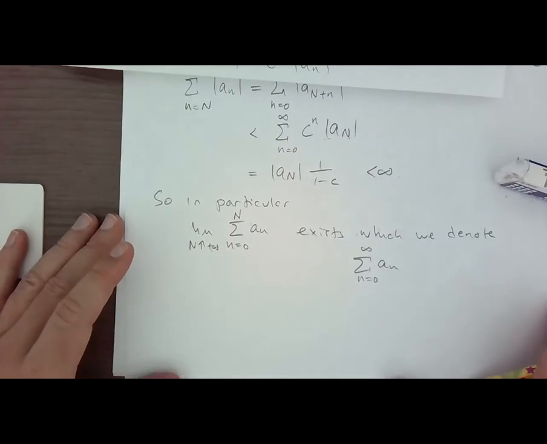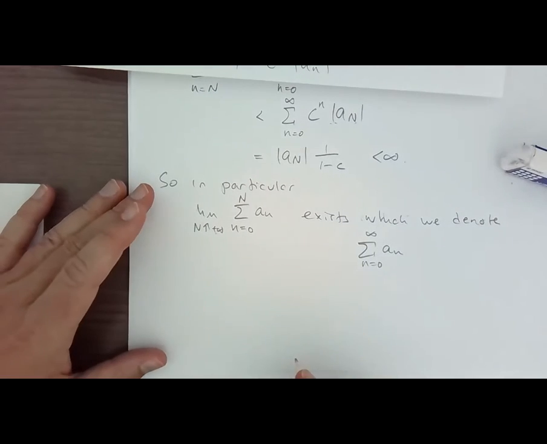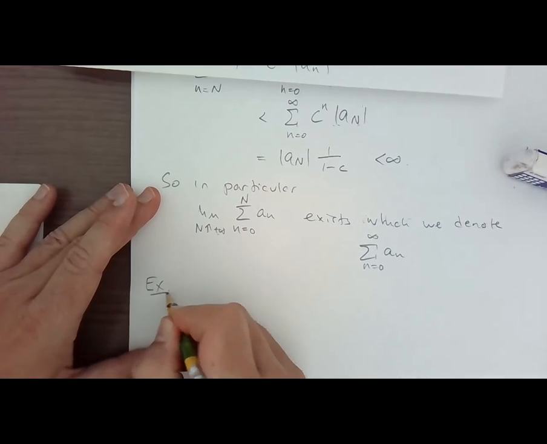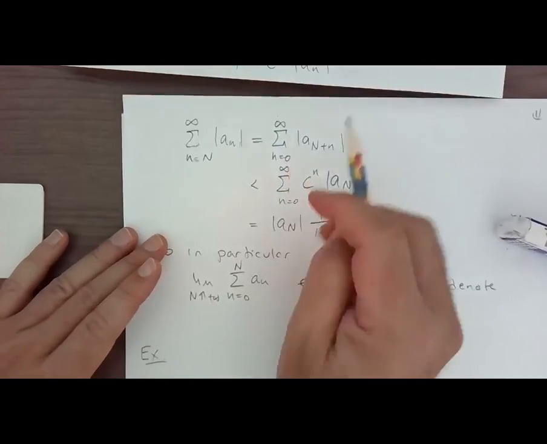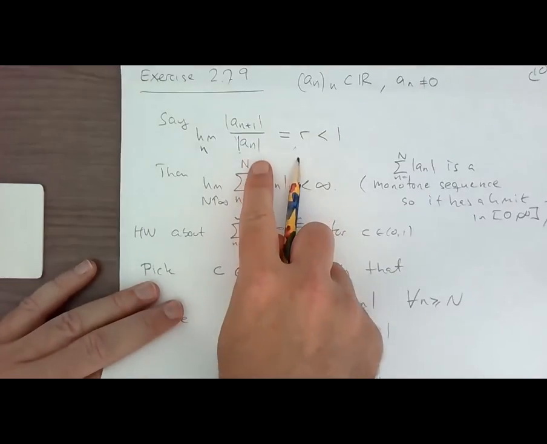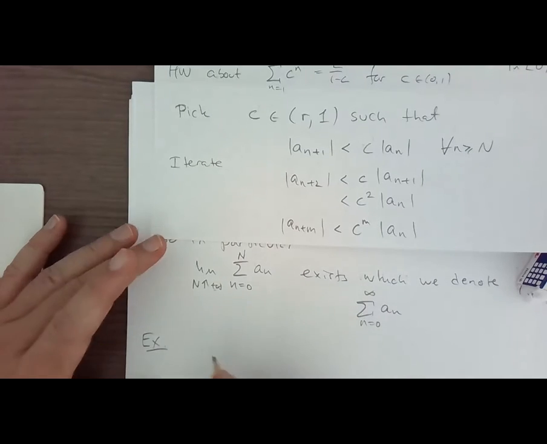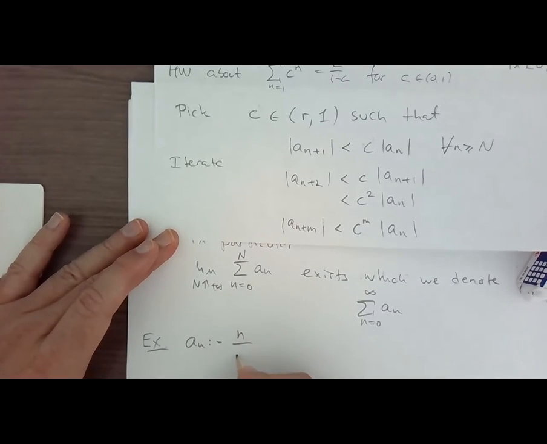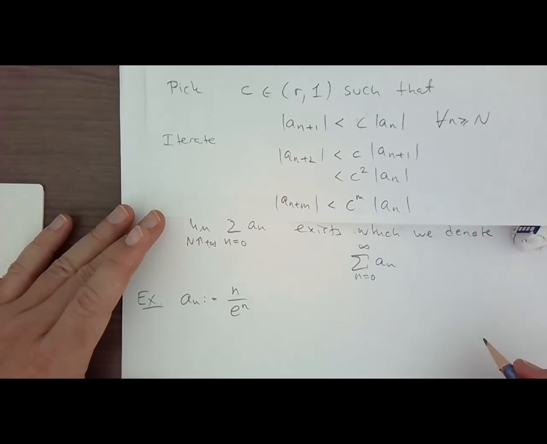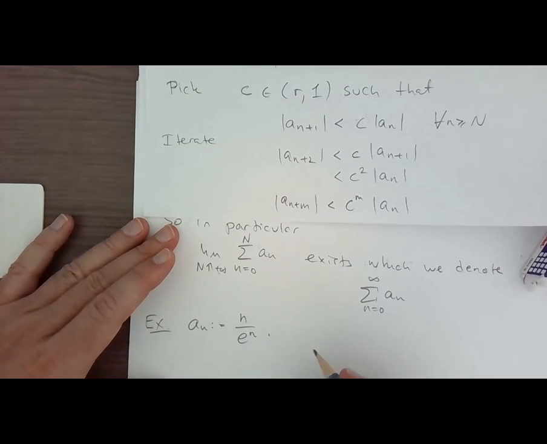Maybe a little example to make this a little bit more tangible. An example would be something like, I need that ratio. The key thing is this ratio on here. So take an example of a_n. This could be n divided by e to the n. Then I need to test, right?